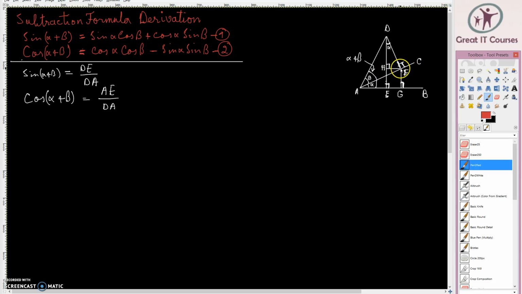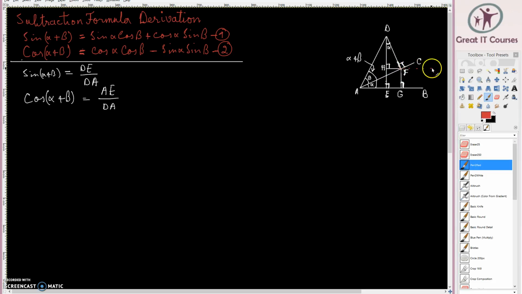So if I continue this line like this, and this line like this over here, you can see that these two lines are parallel, and this line AC crosses the two parallel lines. So now you can see that this angle alpha is equal to this angle. So this is also alpha. So this is alpha, this is alpha.